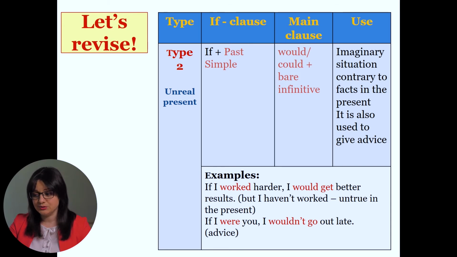If I were you, I wouldn't go out late. This statement expresses an advice. If I were you, I wouldn't go out late. It expresses advice. Remember, after if, when you use the verb to be, it takes were.